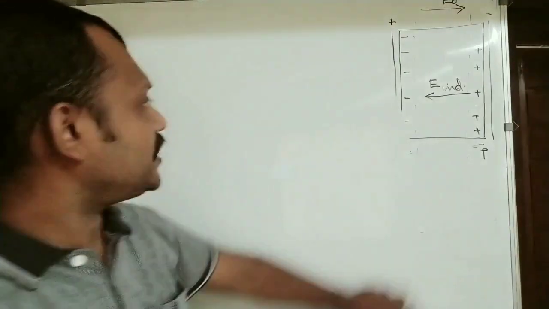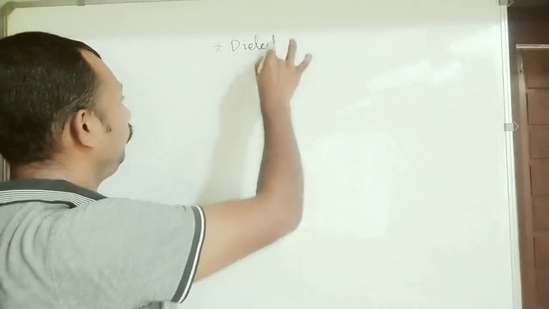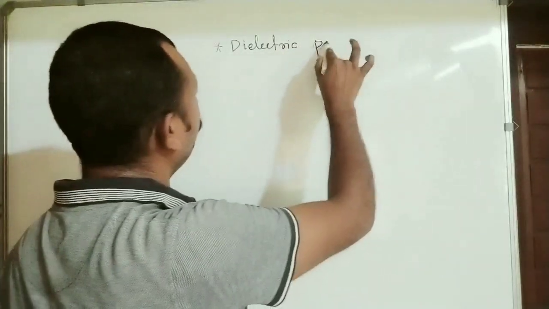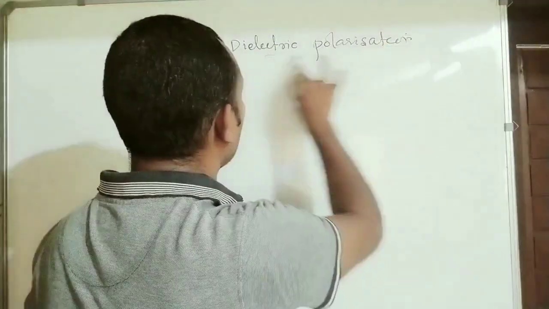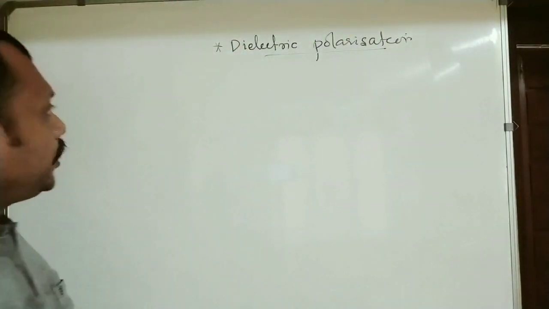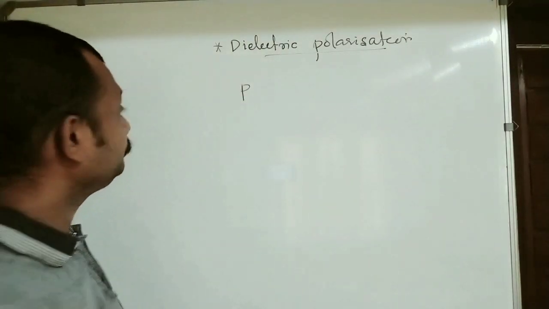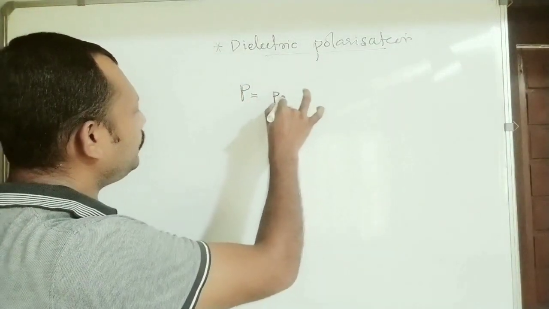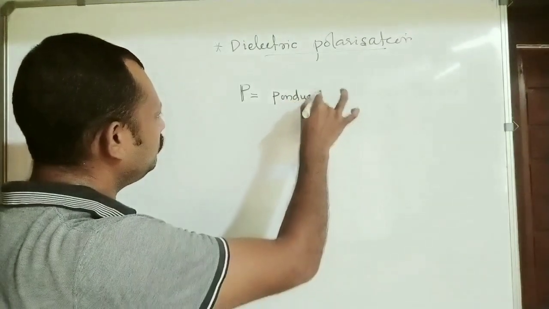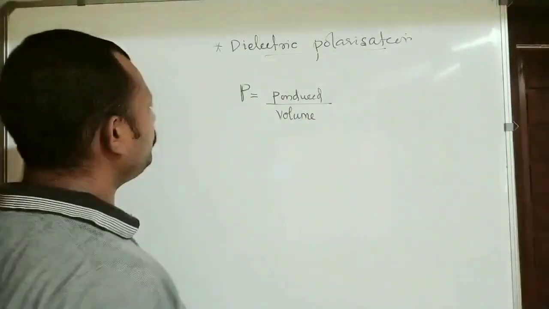Now, before we wind up this session, a small portion is also remaining, that is dielectric polarization. It is otherwise called the polarization vector. Polarization vector capital P is equal to small p induced divided by volume. What does small p stand for?